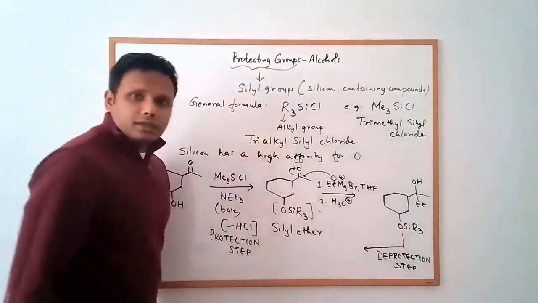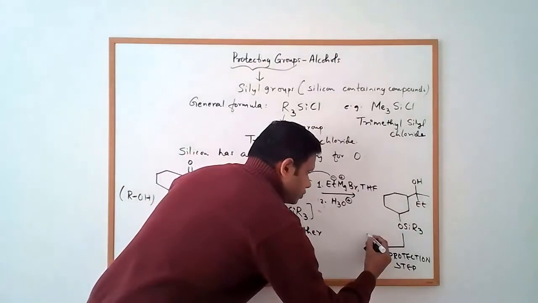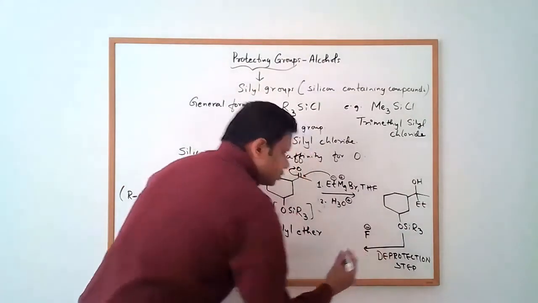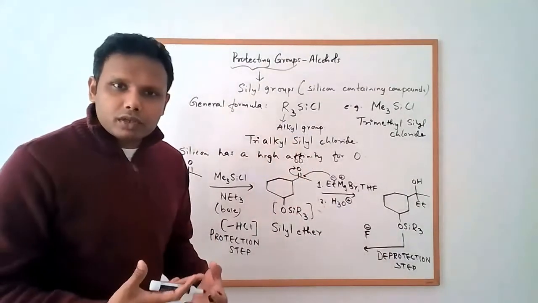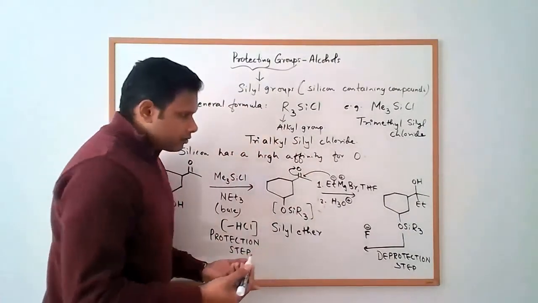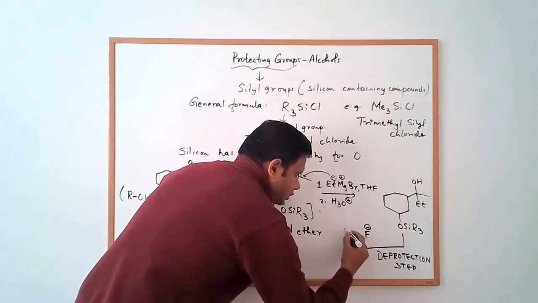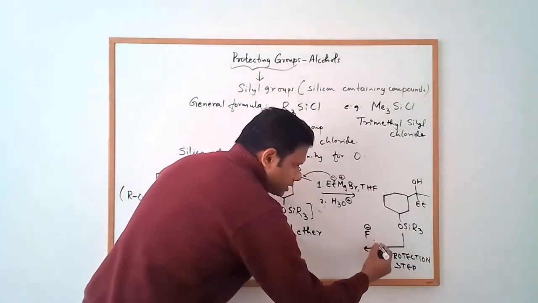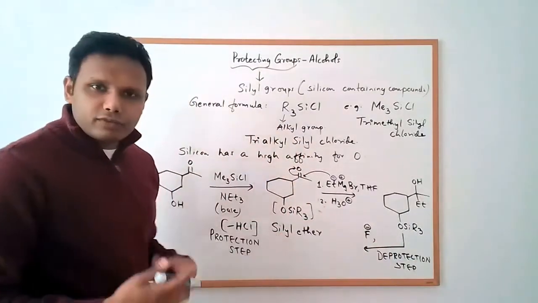For doing the deprotection, you use some source of fluoride, like tetrabutylammonium fluoride, maybe. TBAF, you might see compounds like that written, but it's basically some source of fluoride.